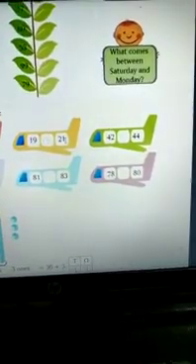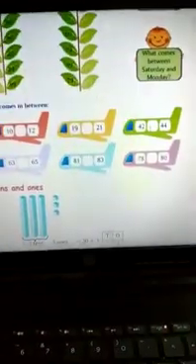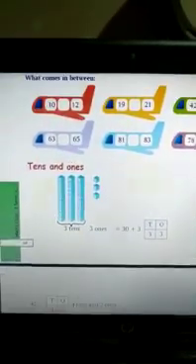Next is 19-21. We will fill up in the box which number? 20. Here 42-44. The number here come is 43. This is the way you have to complete whole exercise. What I have taught.